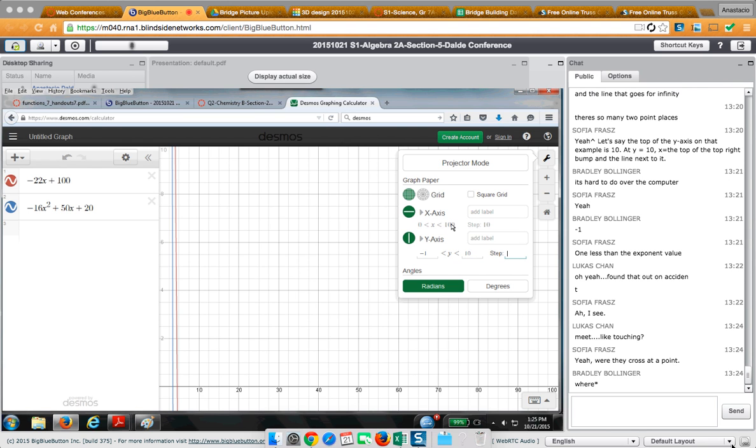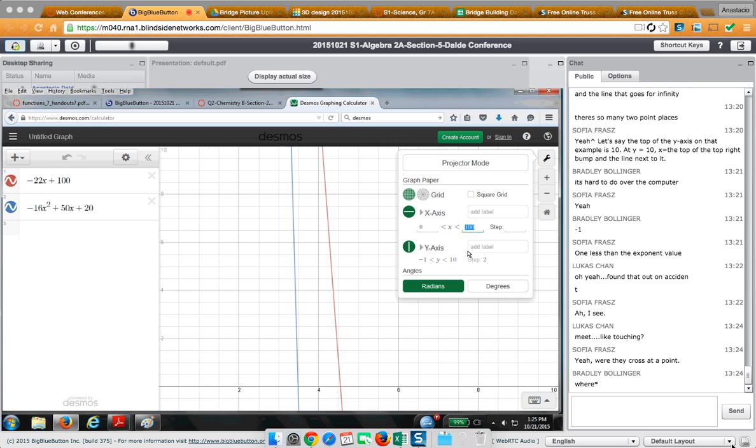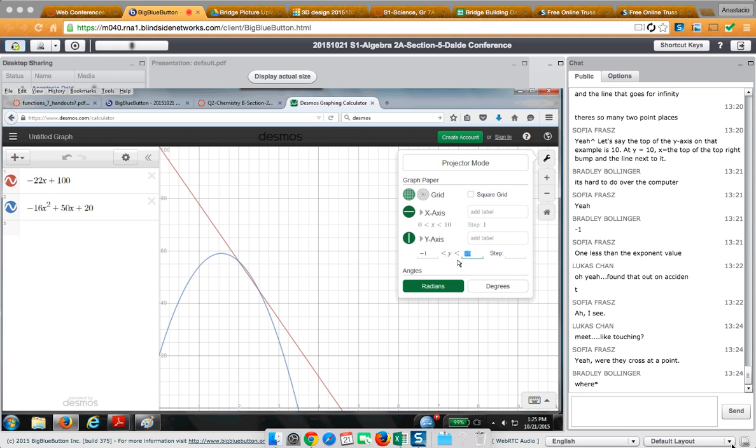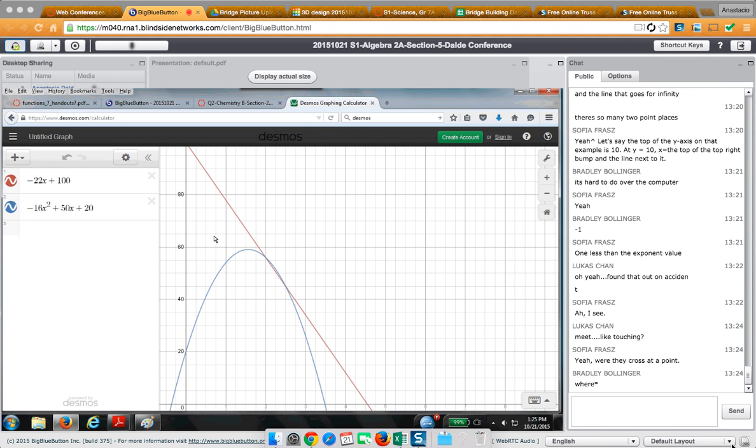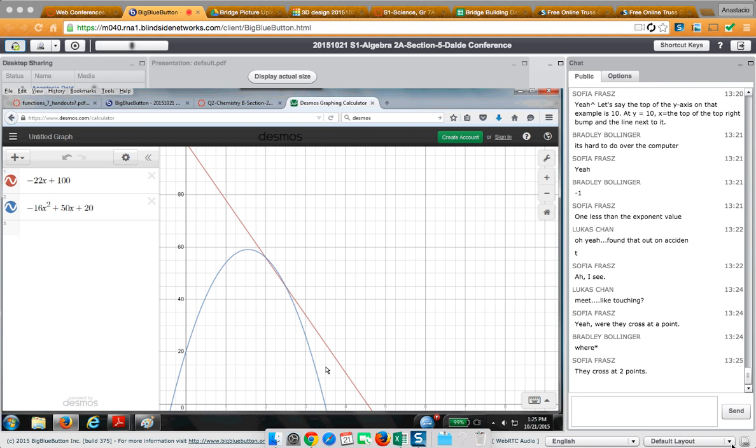I want to go from 0 to 10, and I want to go from negative 1 to 100. Desmos can do some pretty awesome stuff. It's just easier to see that way. There we go. Look, here's his rock, and here's her airplane. And the question is, when do they cross? Well, they cross at 2 points. So I guess the other question is, will they ever hit?